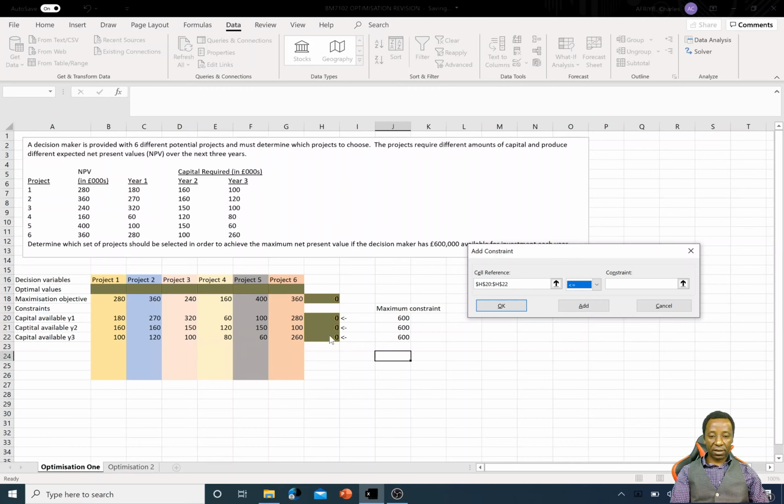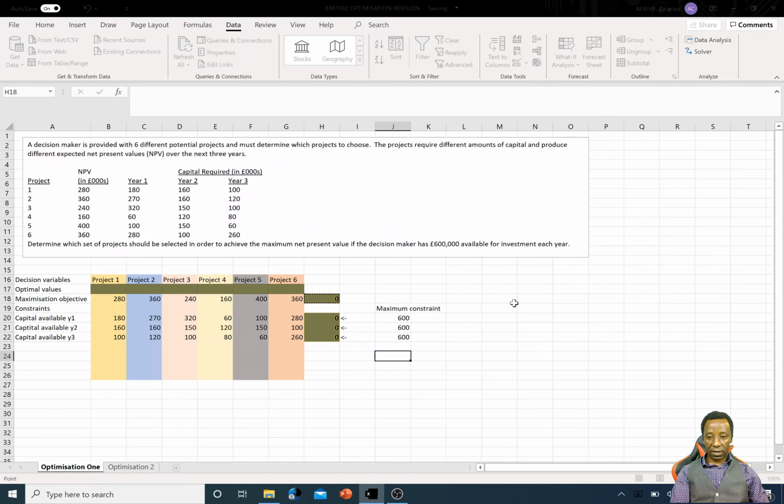Why are we doing that? Because these are the maximum sums of capital. So what shows up in here cannot be more than the maximum. Then we go to the right and select our total capital requirements. We say okay.